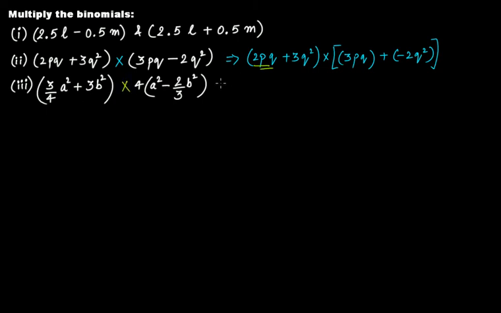You have this 3 by 4 a squared plus 3b squared multiplied by, so outside the bracket is 4. If you multiply this 4 with a squared, you'll get 4a squared, right? Then you have minus sign.